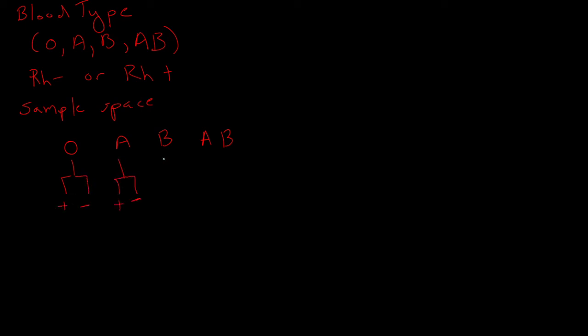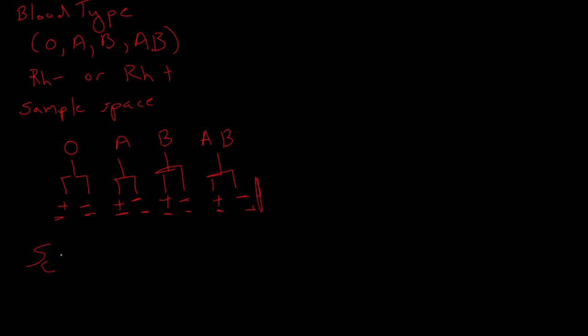Plus or minus, plus or minus, or plus or minus. Now, if I look here, there's 1, 2, 3, 4, 5, 6, 7, 8 outcomes that are going to be in my sample space.